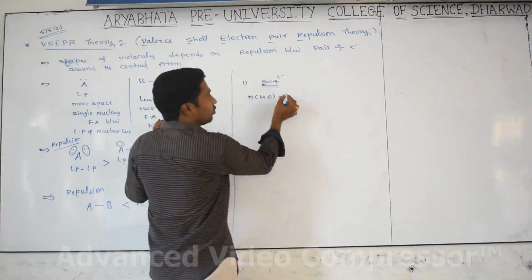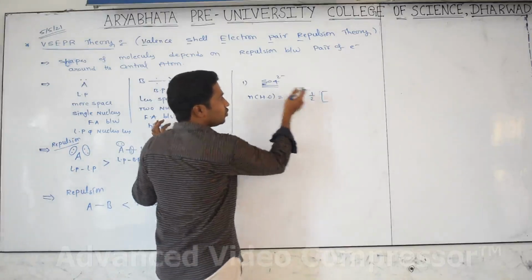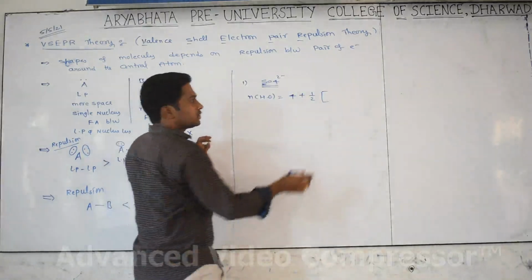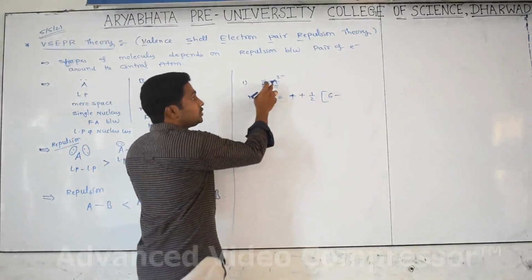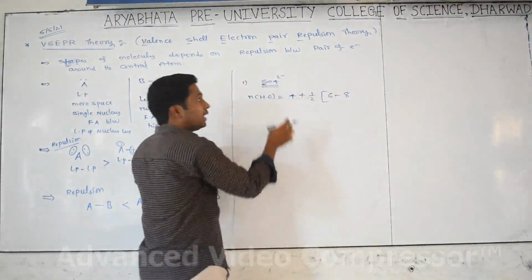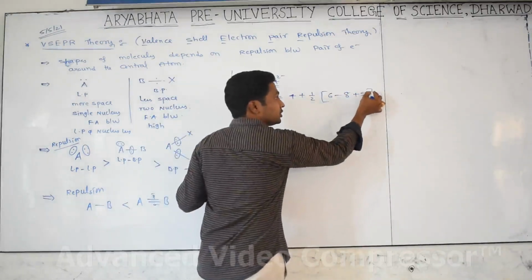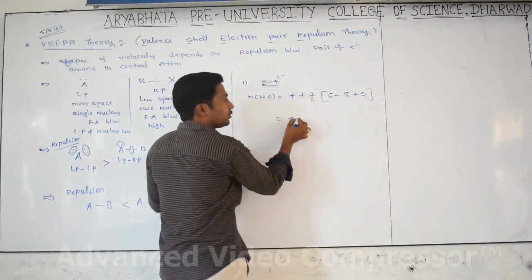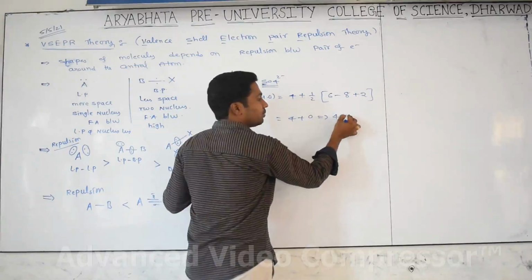Sulfur, surrounded by how many atoms? 4 oxygen atoms, plus the group number of the sulfur atom, 6, and the number of bonds around the sulfur. Each oxygen forms 2 bonds, so 4 oxygens form 8 bonds, and the minus 2 charge in the formula is taken on the opposite side. So what are we getting? 4 plus 6 minus 8 plus 2, which is 4. Anyway, we want 4 hybrid orbitals.